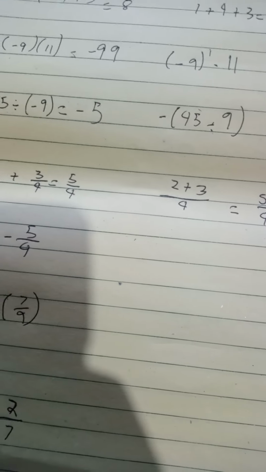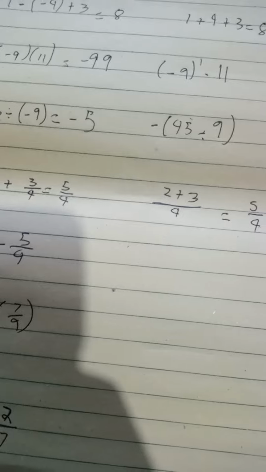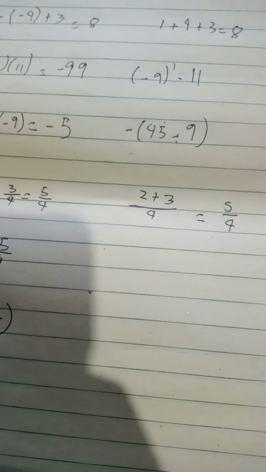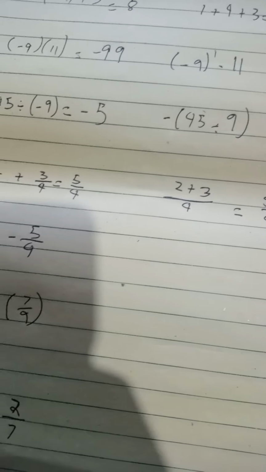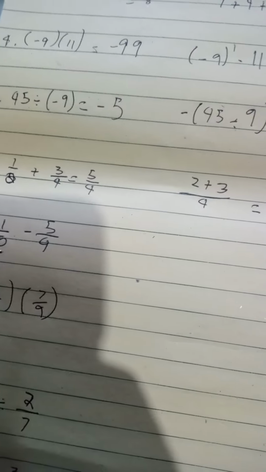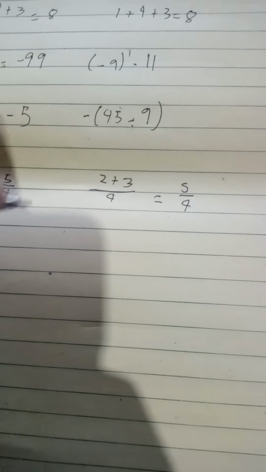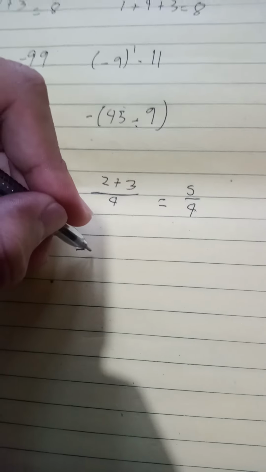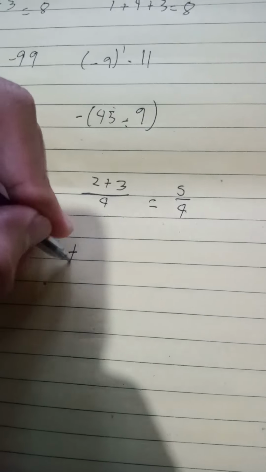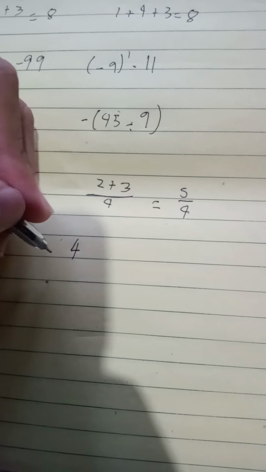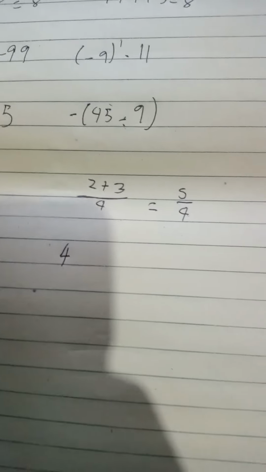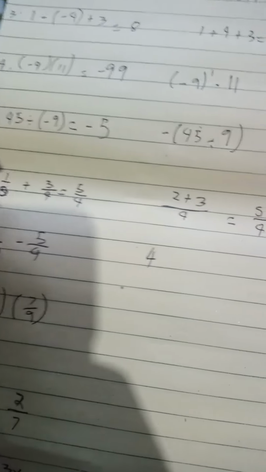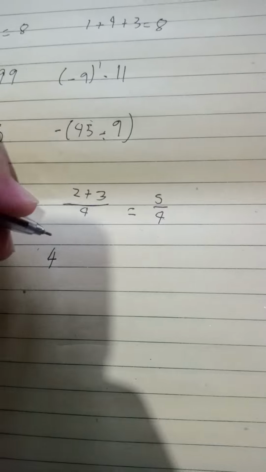So 1 times 4 equals 4, and 5 times 5 equals 25.